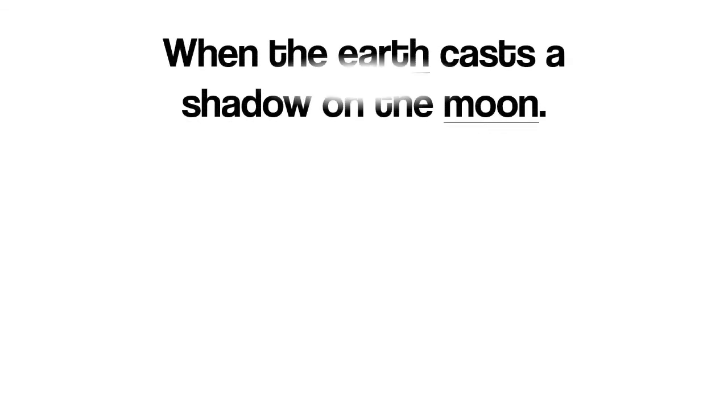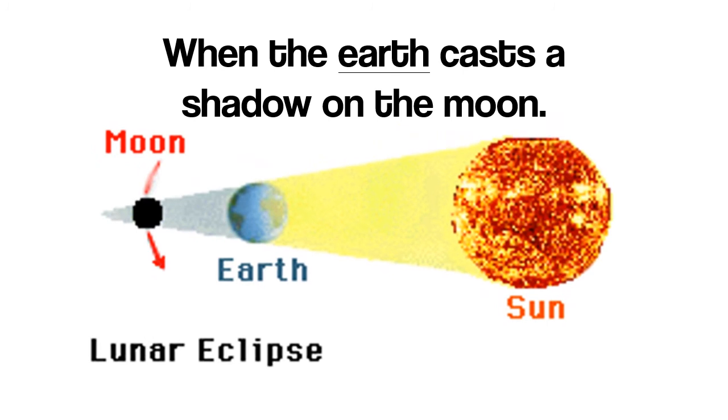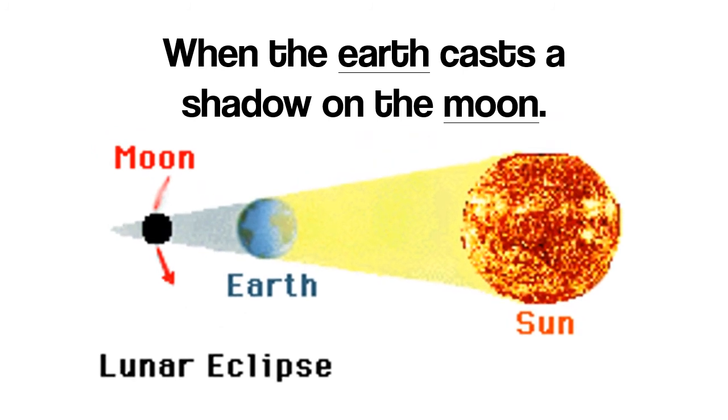Now the second kind of eclipse is just the opposite. This is when the Earth is now the one casting a shadow on the moon. This one we call a lunar eclipse. So just to clarify, in the last one, the solar, the moon was in between, in the middle, but now the Earth is. So now we're the ones blocking the light from the sun, and we're the ones casting the shadow on the moon.